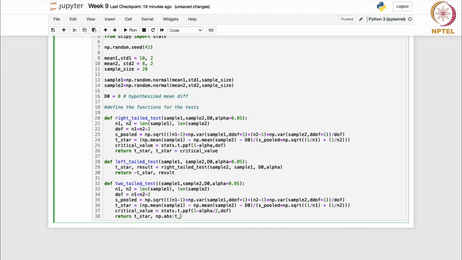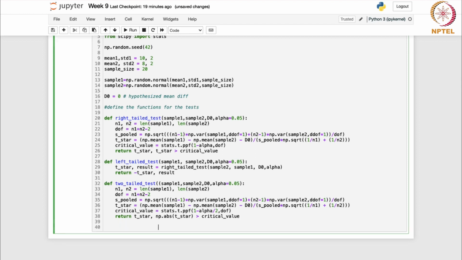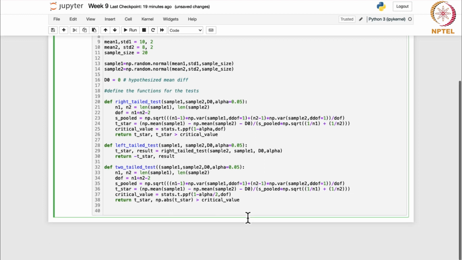So we look at the absolute value of this and compare it with the critical value. Again alpha is 0.05, so alpha by 2 will be 0.025, and 1 minus alpha by 2 will be 0.975.